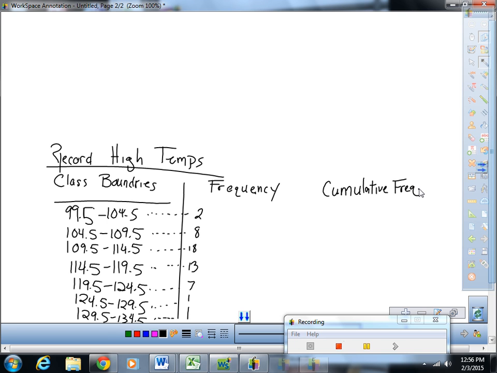How many states have had their record high temperature be lower than 104.5? 2. How many states have had their record high temperature be lower than 109.5? 10. So all we got to do is take this one and add the next one to it. It's the total amount that are under that minimum boundary.